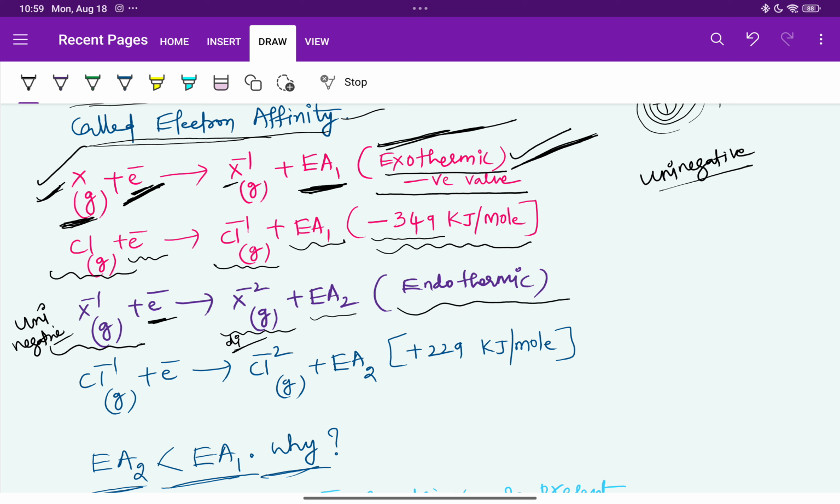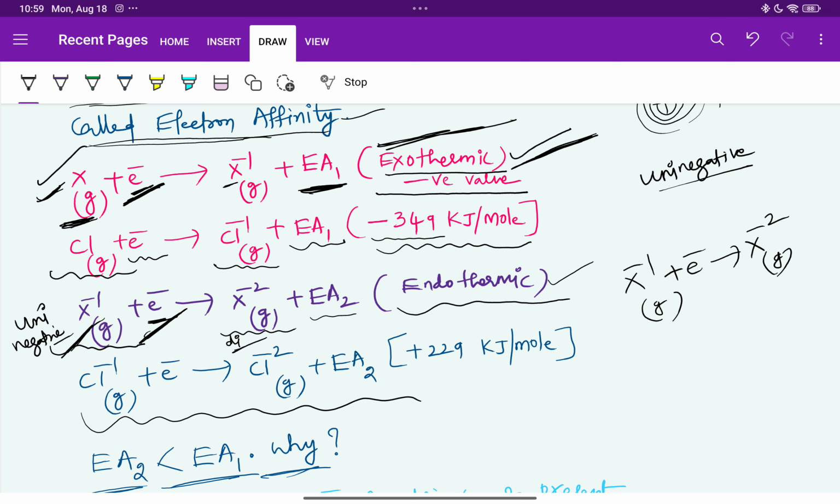So here I have written that second electron affinity is always endothermic, maximum endothermic. Endothermic means you need to give some extra amount of energy. If you want to add an electron to the uni-negative ion, you need to supply some amount of energy. Then only the uni-negative ion will take one more electron and convert into X minus 2, the di-negative ion. That is why second electron affinity values are always positive.